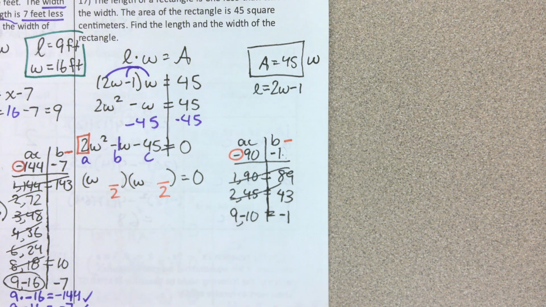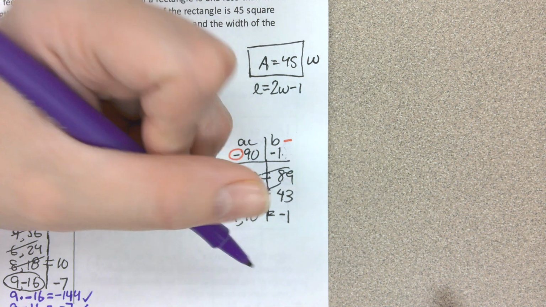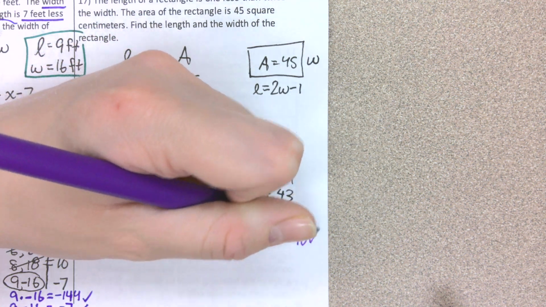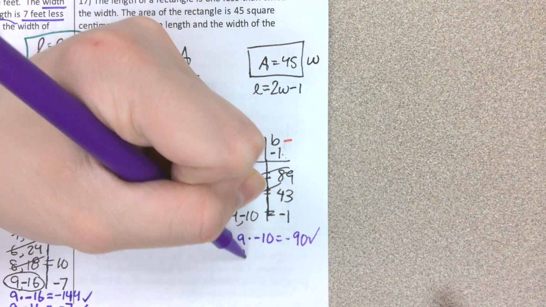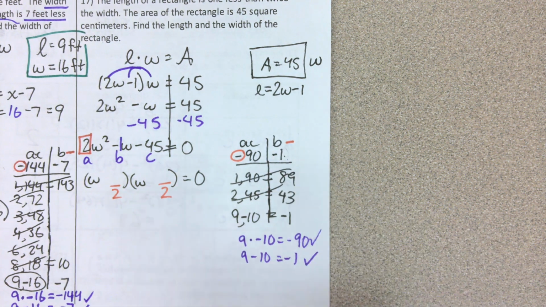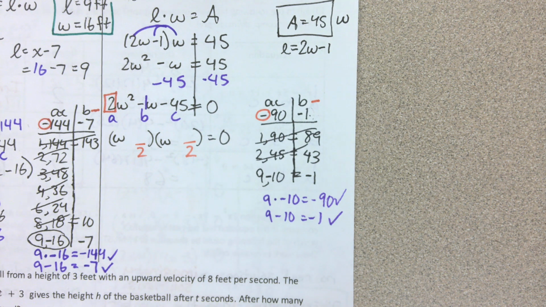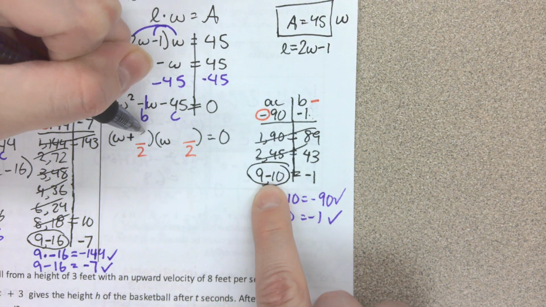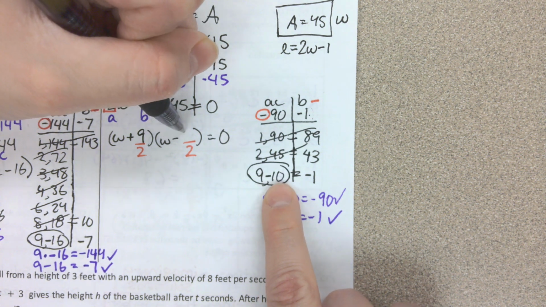Let's check. We have 9 times negative 10, that's negative 90, yes. And 9 minus 10, that's negative 1, yes, it matches. My factors, 9 and negative 10. We have w plus 9 over 2 and w minus 10 over 2.